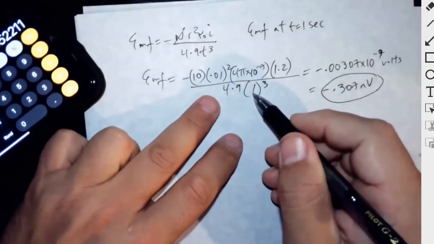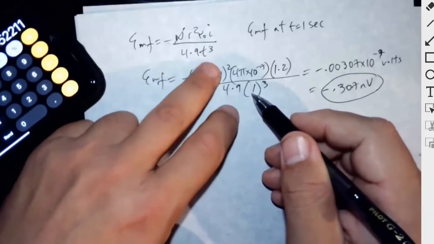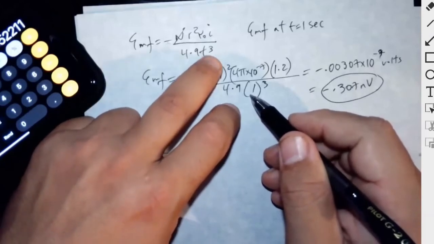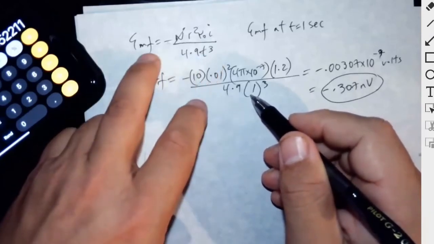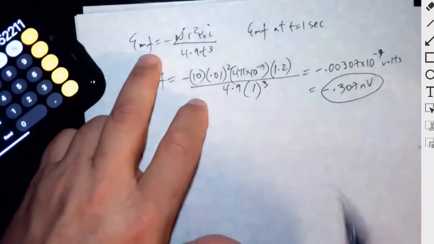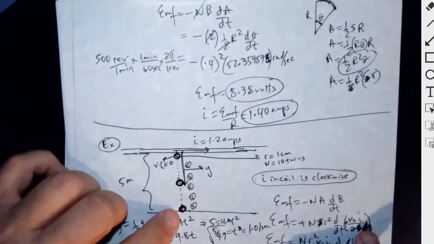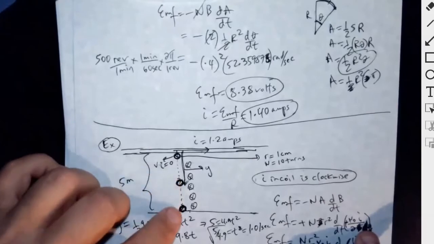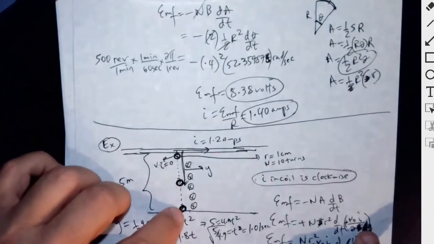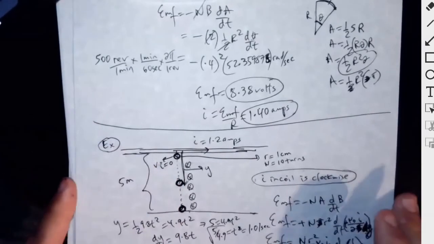So what's happening as the time is getting larger, right? Then the EMF induced is smaller. Does that make sense? Let's see here why. So in other words, as it's dropping, you're creating less and less current in the wire. Why is that?